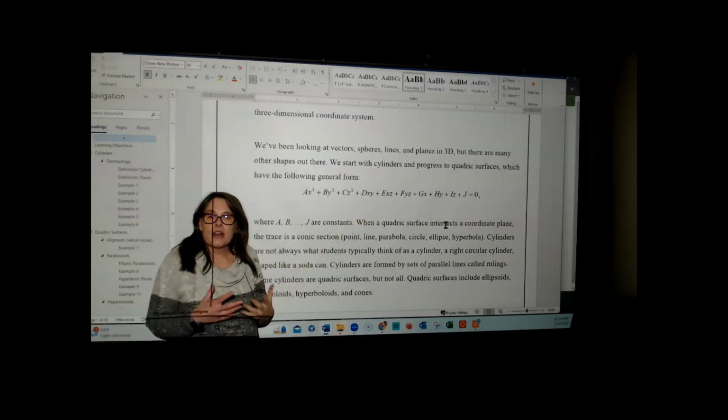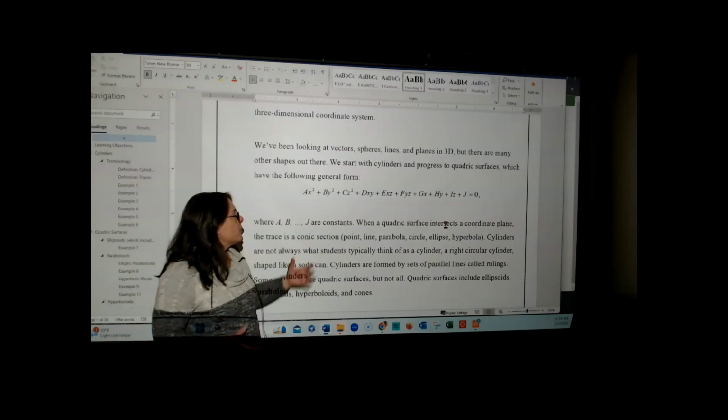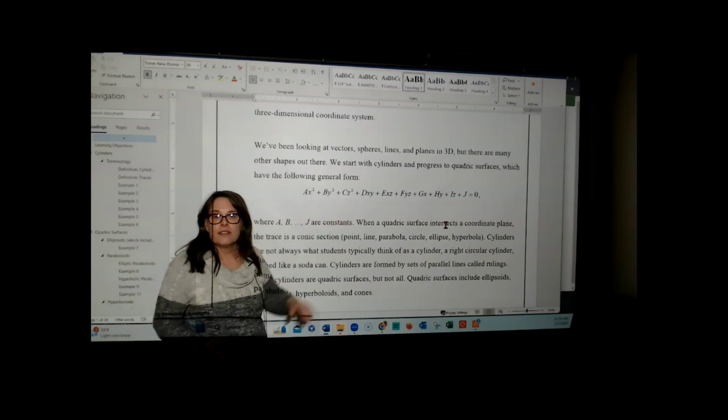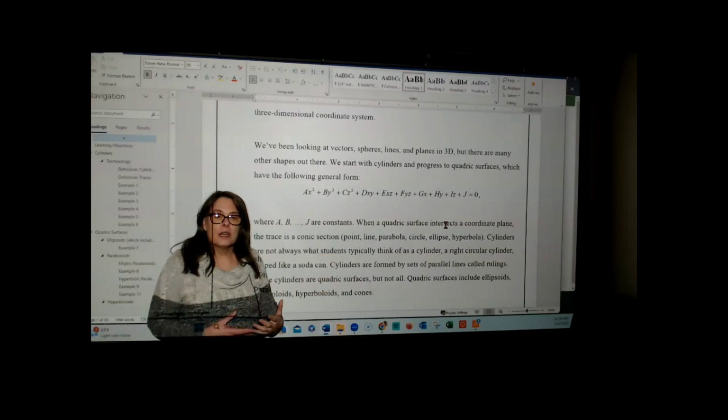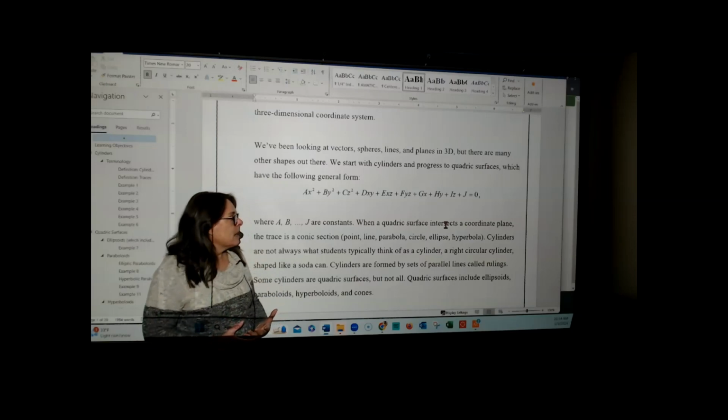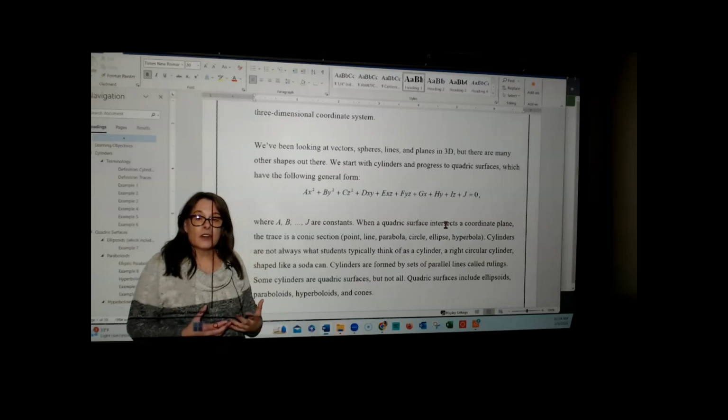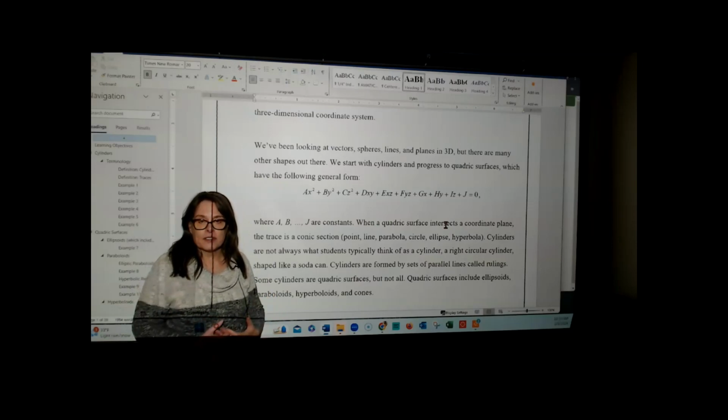That's related to the quadratic formula, where the highest degree in the variables is 2. So if we have something with x cubed, it may be a surface, but it's not a quadric surface. Now, there are some cylinders that are quadric surfaces, and there are cylinders that are not quadric surfaces.